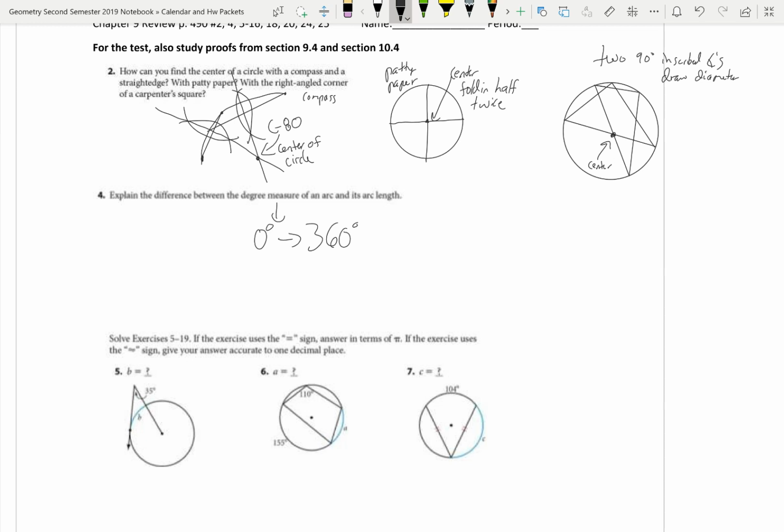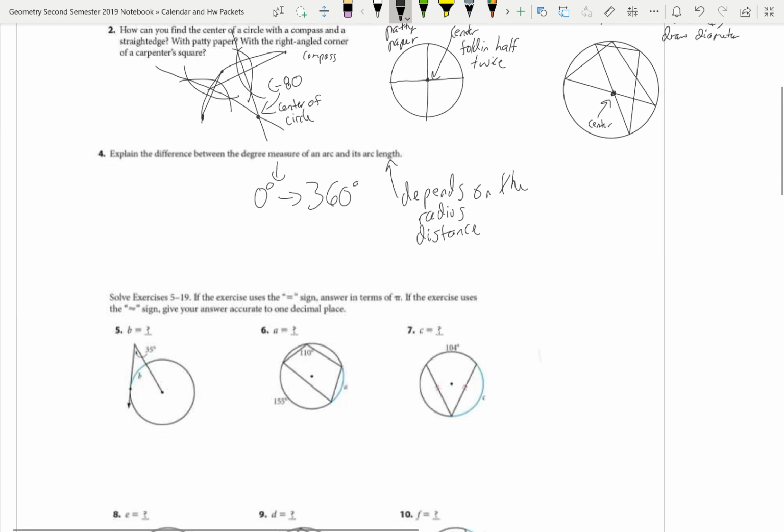The arc length is proportional to the arc measure and depends on the radius. And it's a distance.